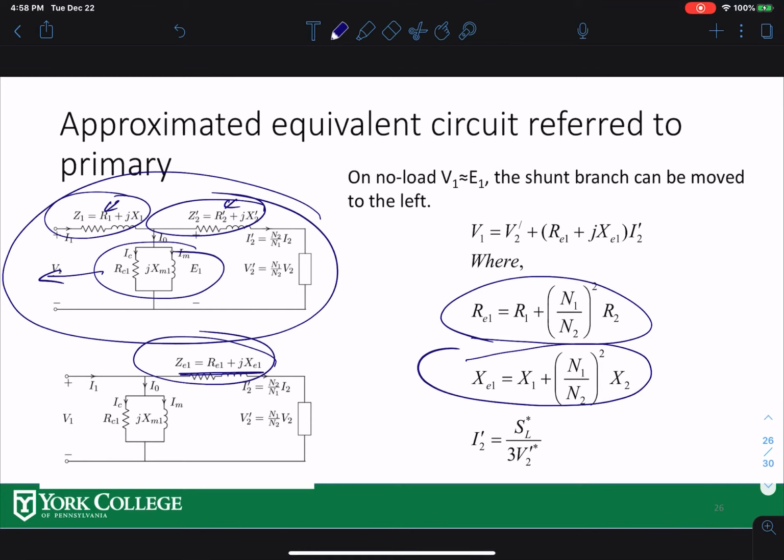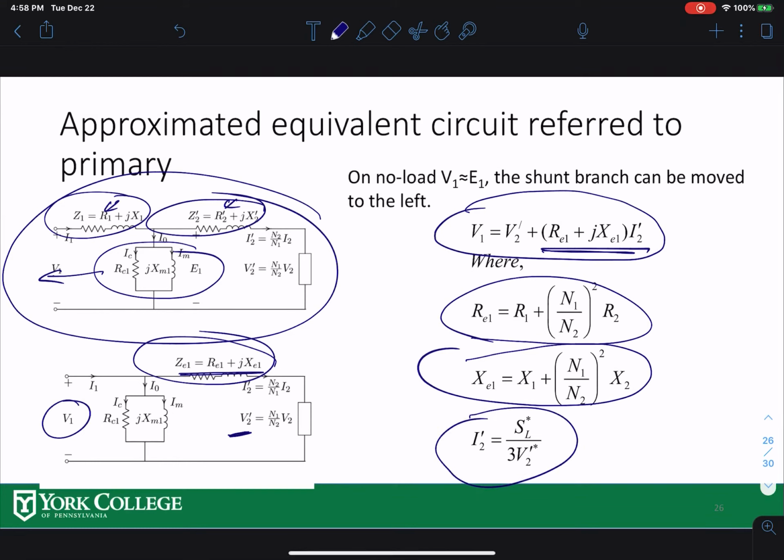Now, if you're trying to find V1 over here, which is the primary voltage, that is V2 prime right here, plus whatever losses in the equivalent impedance, right? So this equation will give you the voltage referred to the primary. And this equation over here will give you I2 prime in terms of your complex power and the secondary voltage referred to the primary.